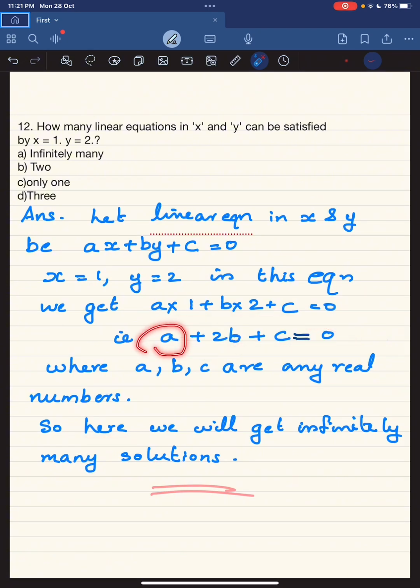We can substitute many values of a, b and c, and it is satisfied. If we put x equal to 1 and y equal to 2, we will get infinitely many solutions. We can put any value of a, b and c in this equation and we will get the answer equal to 0. Okay, so what is the option? Here the option is infinitely many. We got the answer.